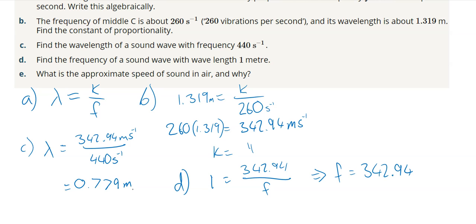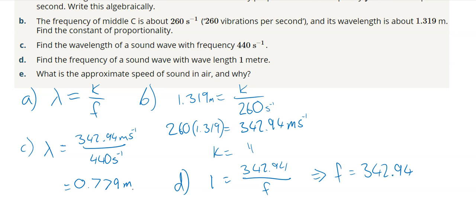So what's the approximate speed of sound in air? Essentially it's about 343 meters per second, because there are 343 waves, each 1 meter long, going past in 1 second.